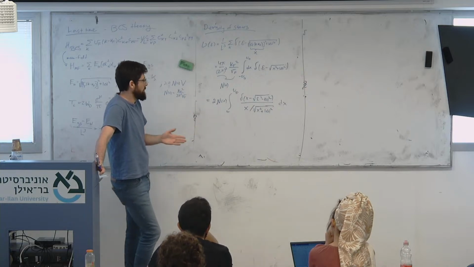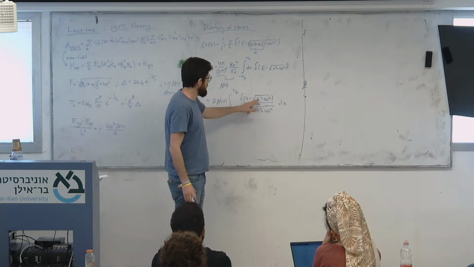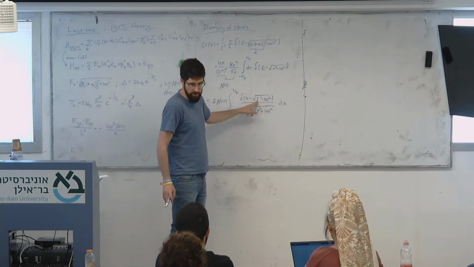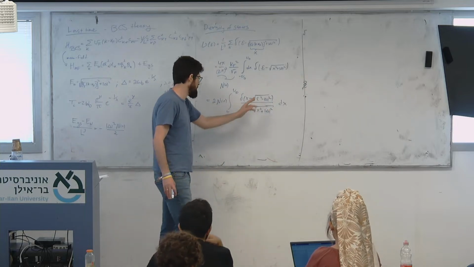Everything for epsilon smaller than delta is 0, so we don't need to worry about this part, which can be complex or imaginary.